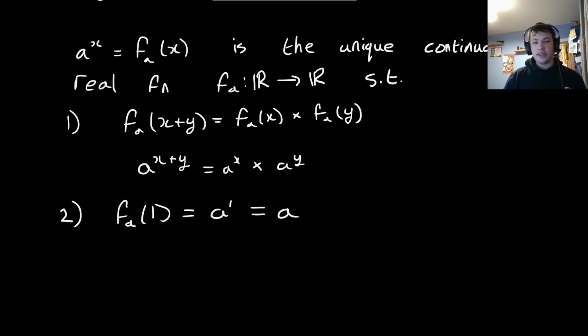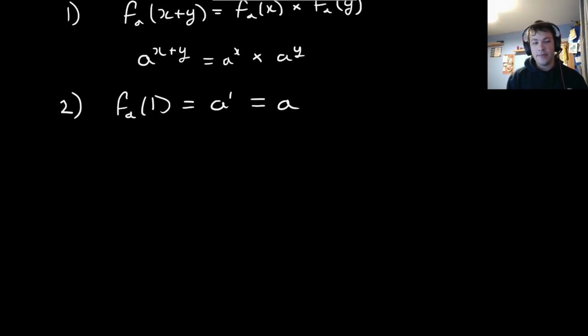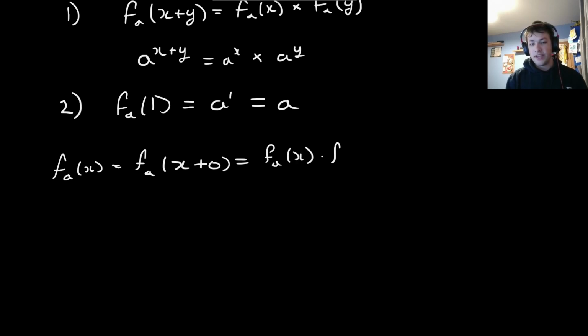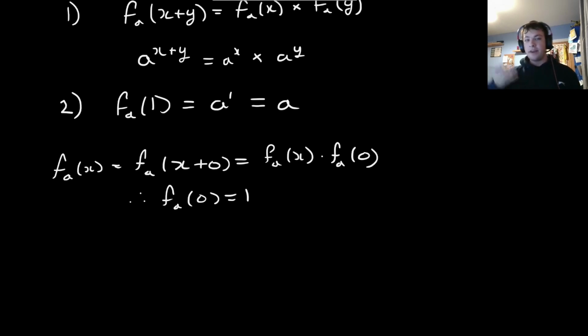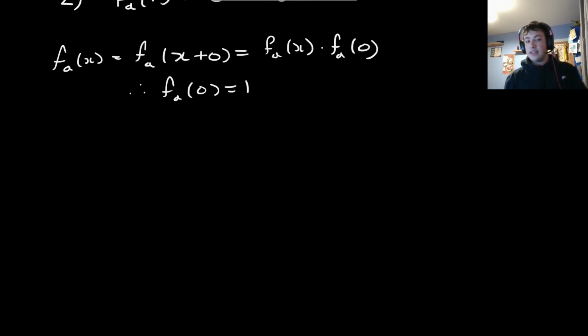The first thing to note is that f_a of x is f_a of x plus 0, which is f_a of x times f_a of 0, and therefore f_a of 0 is 1. That agrees with what we normally say: a to the power of 0 is always equal to 1. That's a good start.